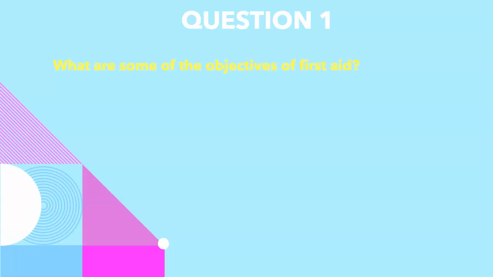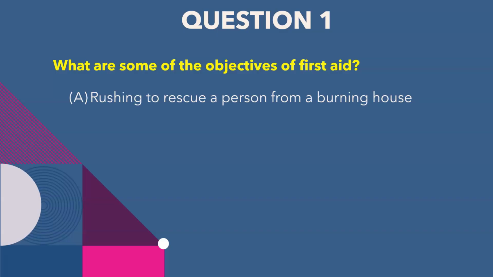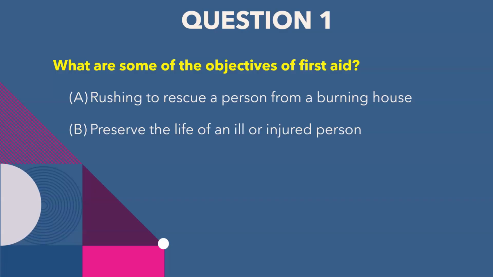Question 1. What are some of the objectives of first aid? A. Rushing to rescue a person from a burning house. B. Preserve the life of an ill or injured person. C. Prevent further injuries from occurring.